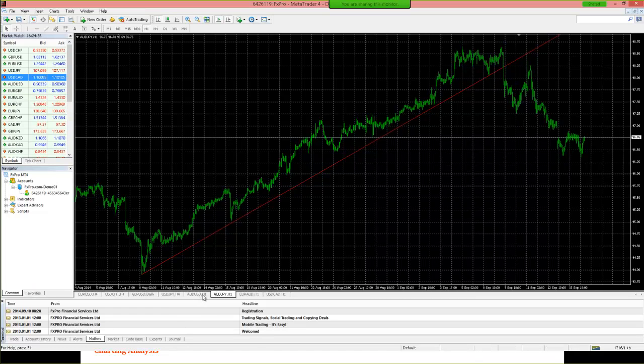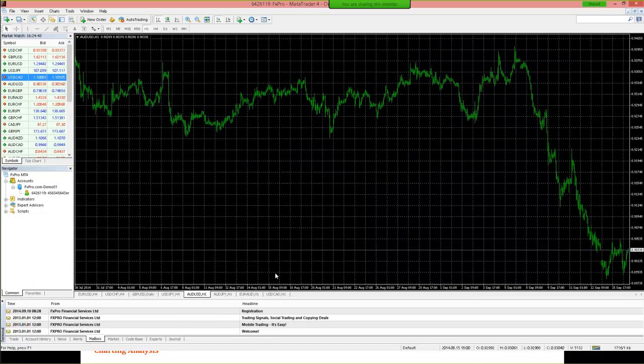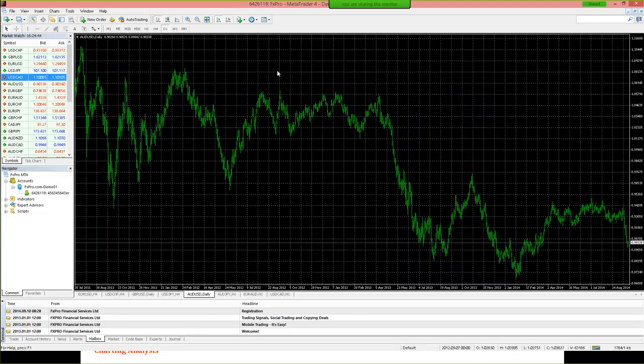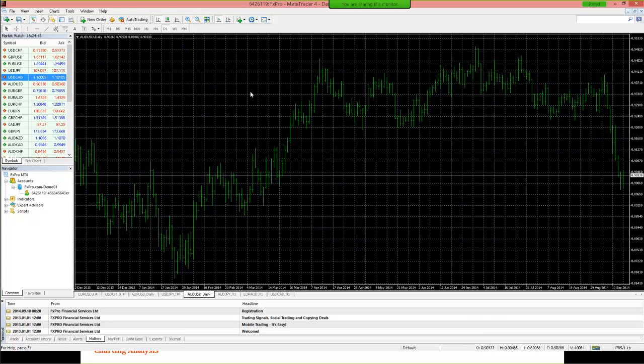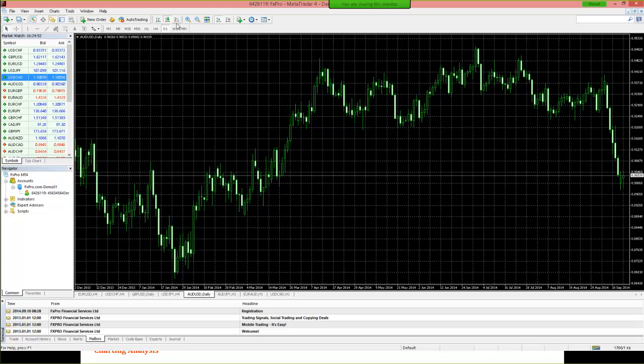Let me also show you another longer term upward sloping trend line. So here we've got Aussie dollar, and let's just move to the candles.